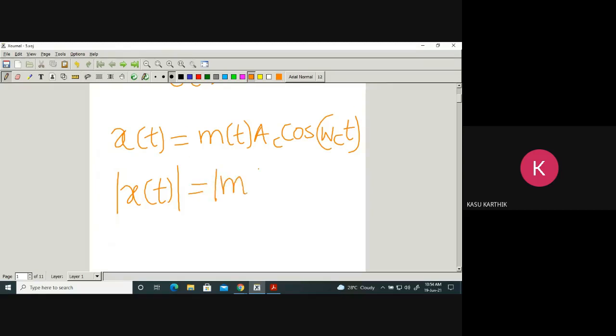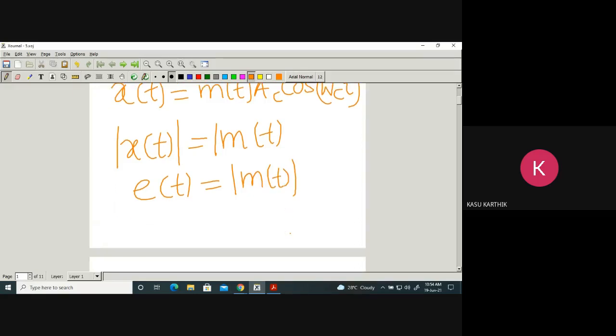You get mod of M of t. So what is the envelope of the signal? Obviously mod of M of t, not M of t. So that's why envelope is proportional to mod of M of t. That's why we may not use envelope detector for demodulation.